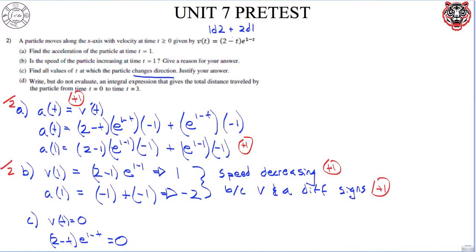All right, and this can be tricky for those of us for whom Algebra 2 was a while ago. So this is just the zero product property. This times this equals 0, that means this equals 0 or this equals 0, right? So let's identify these two things. Either 2 minus t equals 0 or, and technically this is an and because we're checking both of these things, e to the 1 minus t equals 0.